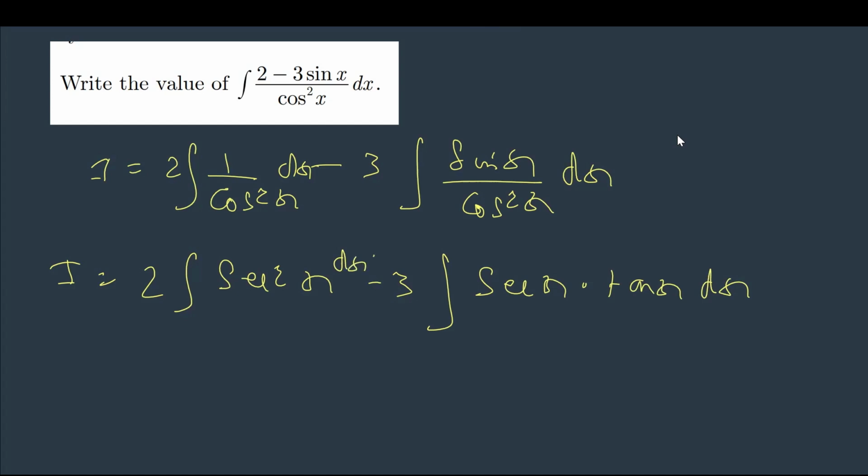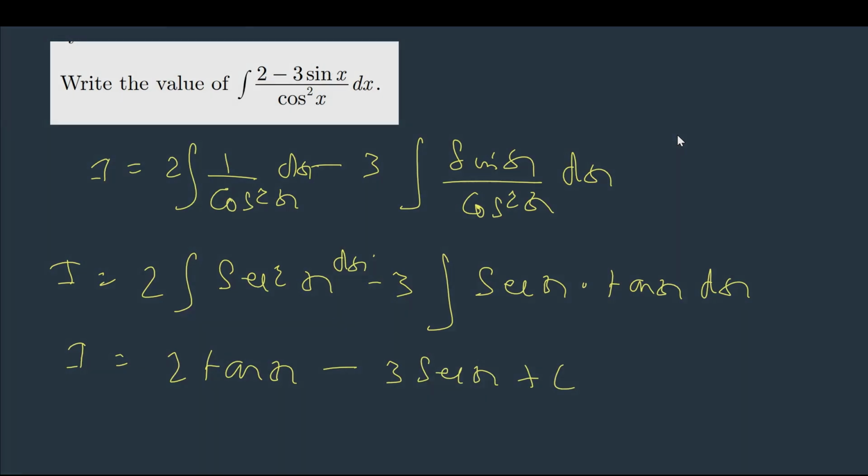Next, we know that integration of secant square x is tan x, minus 3 times integration of secant x into tan x. Sec x into tan x is, oh, sec x. This is secant x plus c.